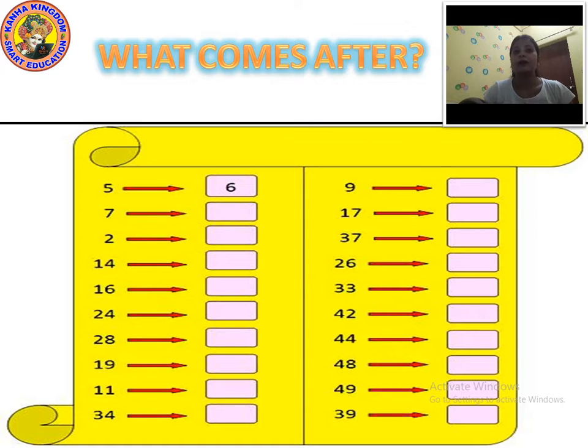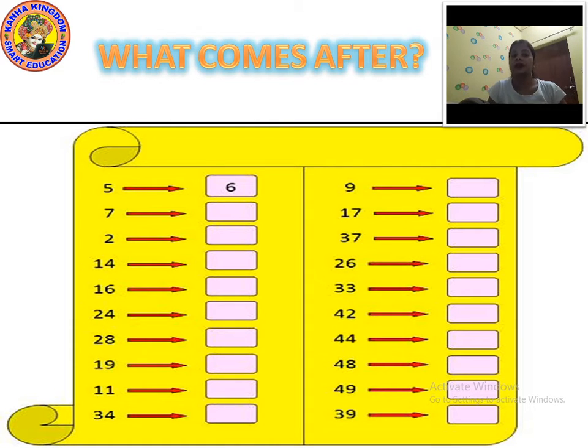Look, the first number is 5, and what comes after 5? It's already written here, number 6. After 5, 6 will come. Now the next number is 7. Can you tell me what comes after 7? No. Okay, now let's count from the starting and find out what comes after 7.